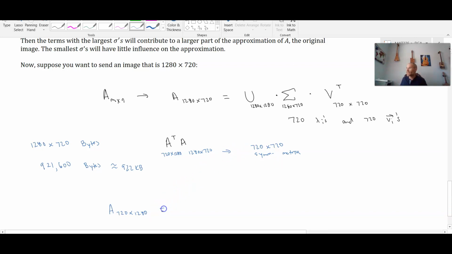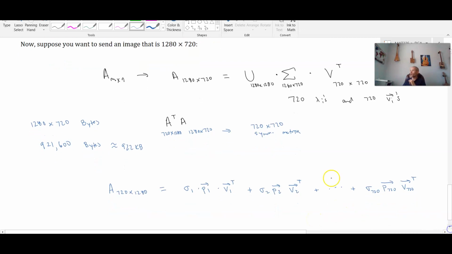Now, if we begin writing this out, this would be sigma 1 times p1 times v1 transpose plus sigma 2 p2 v2 transpose, and so on until we get to the, in this case, 720th, sigma 720, p720, v720 transpose. So there'll be 720 terms in this expansion.